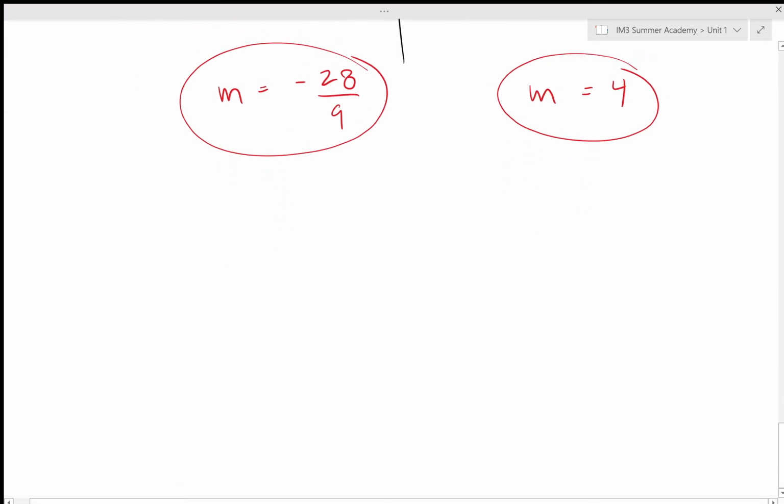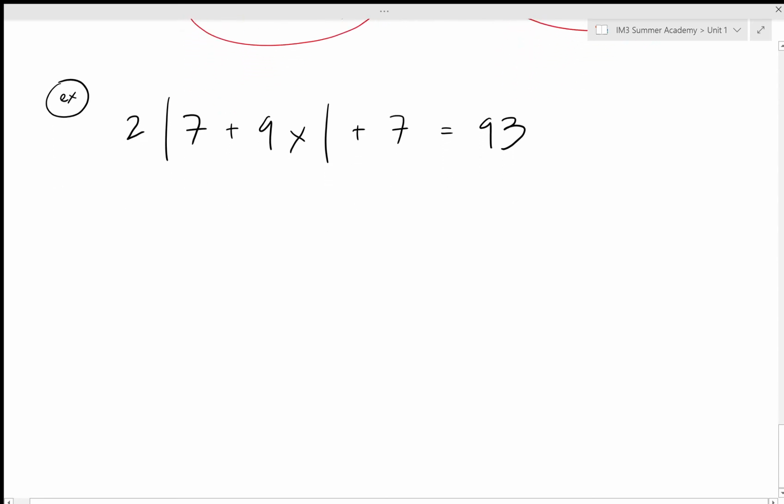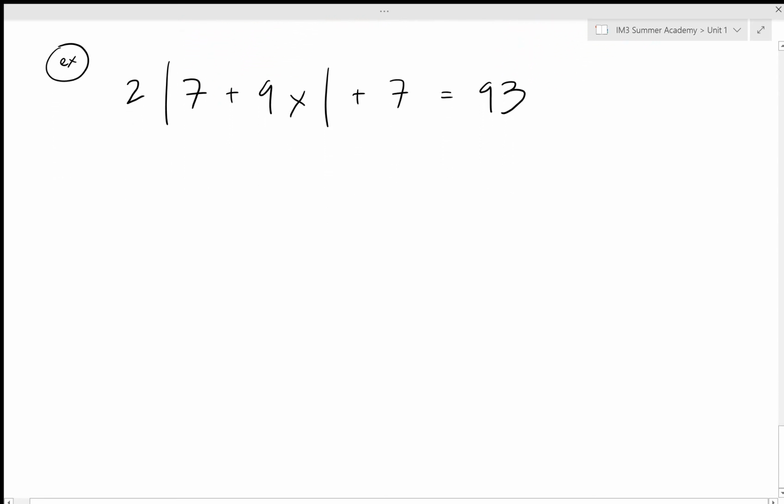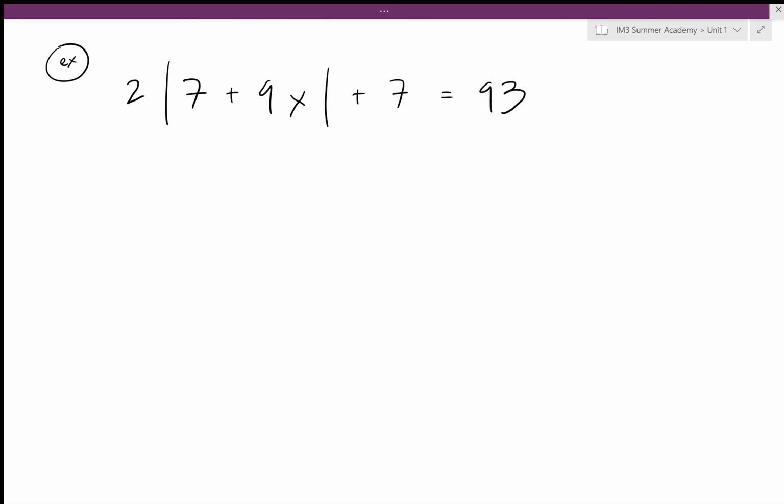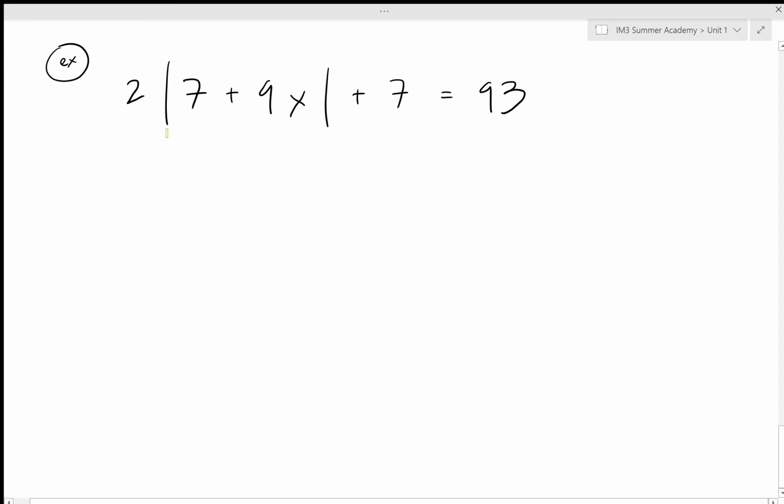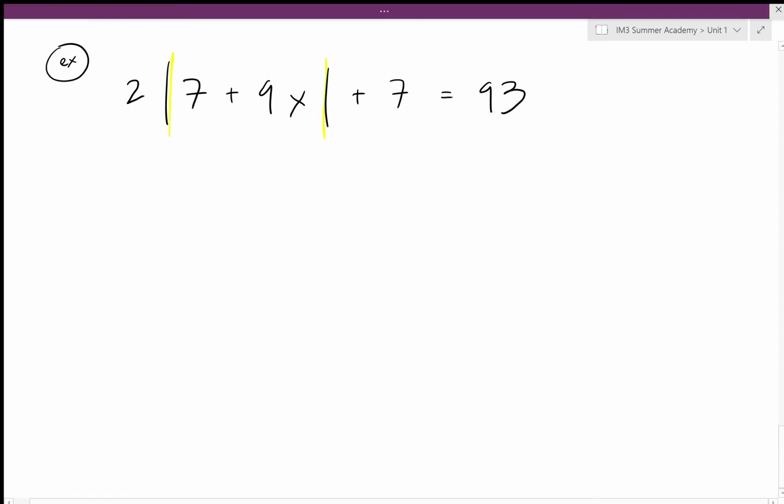We'll try one last one. For example, 2 times the absolute value of 7 plus 9x, plus 7 equals 93. Okay. So again, I need to get to these absolute values. We have numbers outside of it.